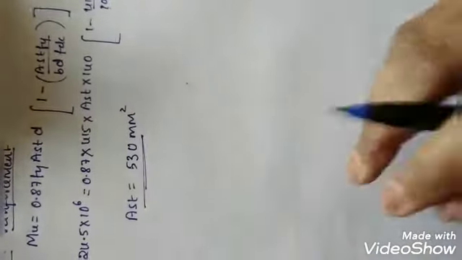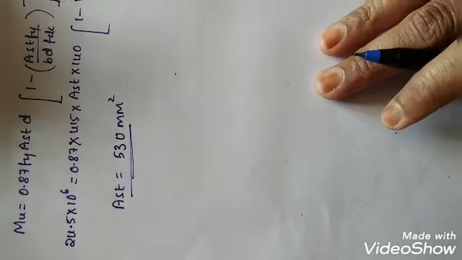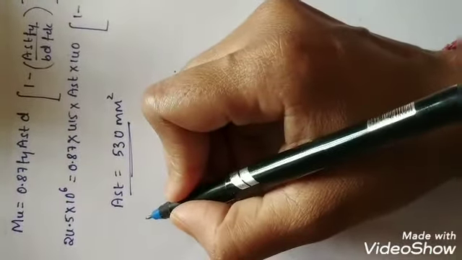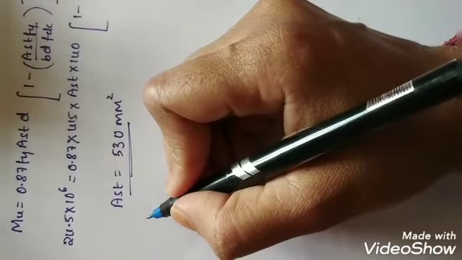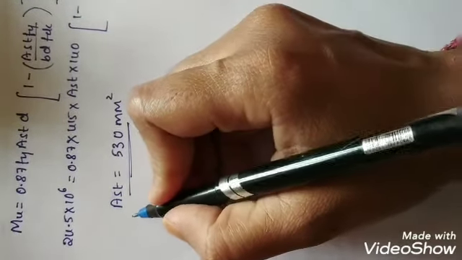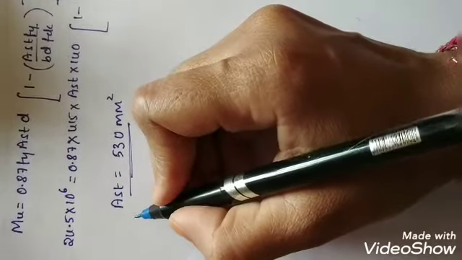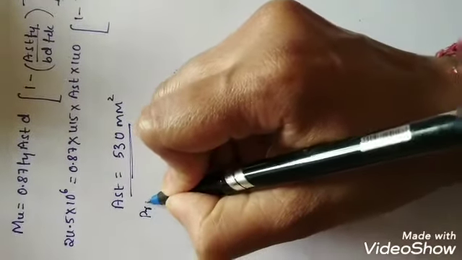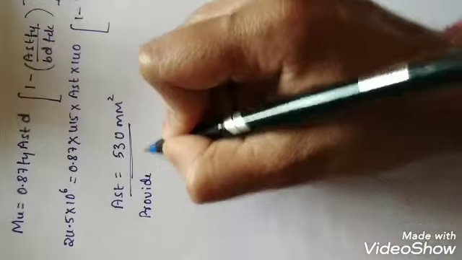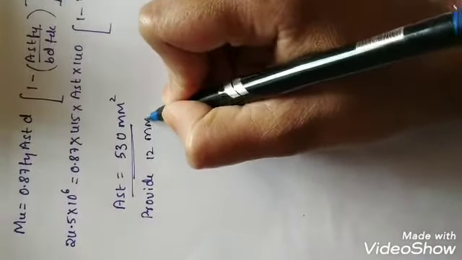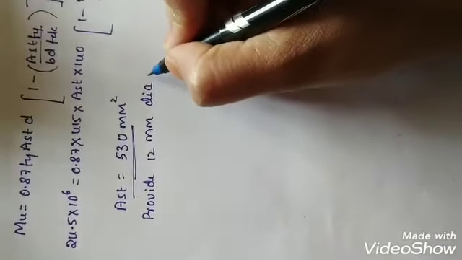And for this area of steel, we need to calculate the number of bars. So I will assume it is a main reinforcement. For the main reinforcement, normally we will assume larger diameter bars compared to the distribution steel. Here I will provide 12 mm diameter bars. Later we will check is it safe or not.